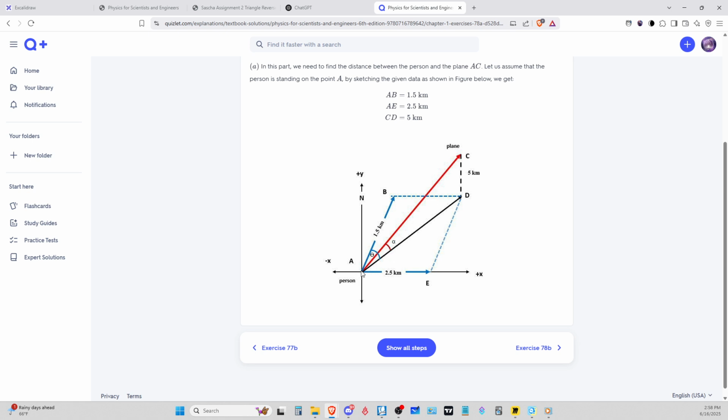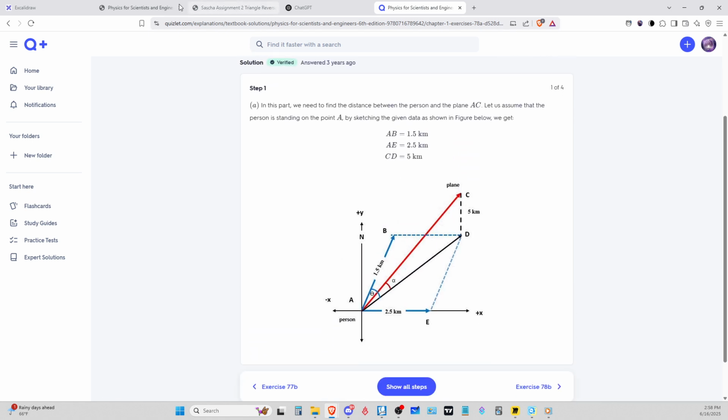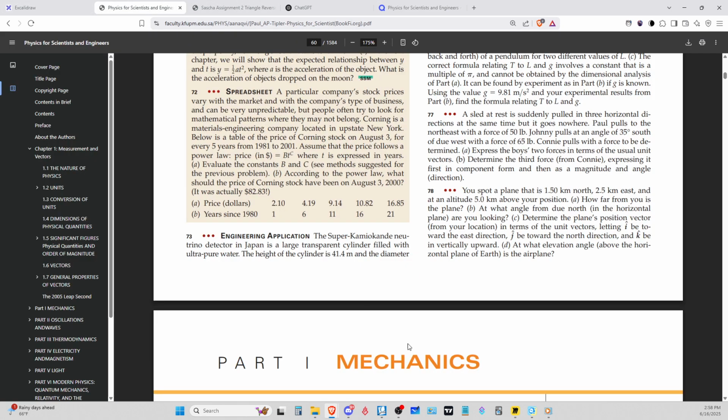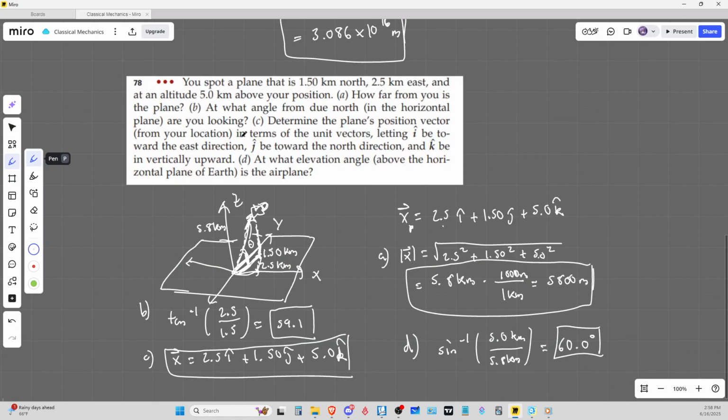Yeah, it's kind of hard because it's not very clear which angle you're going from. Let me see what the question says, because maybe I didn't read the question correctly. From what angle due north in the horizontal plane are you looking at?